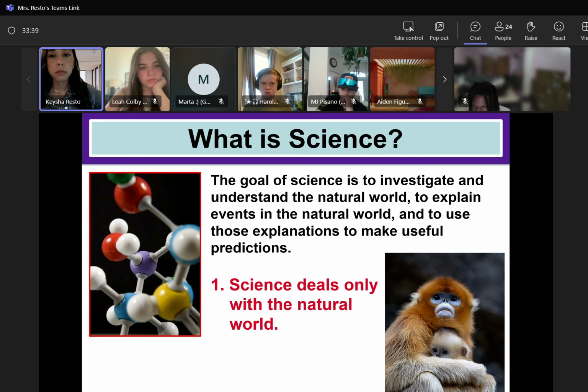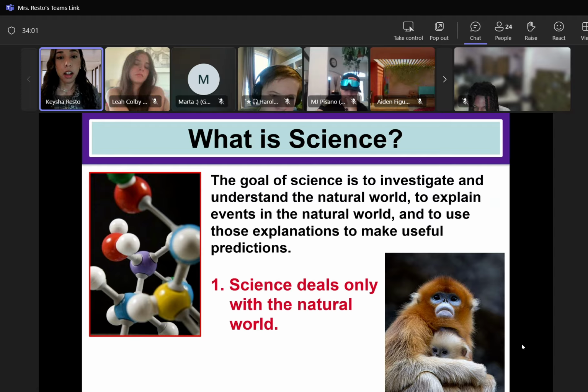When we say natural world, some people think it's just biology stuff or plants and animals, but that also includes chemistry, because that is the natural world. It also includes space science, because that is the natural world. And the goal is not to accumulate more information, it is to understand phenomena.